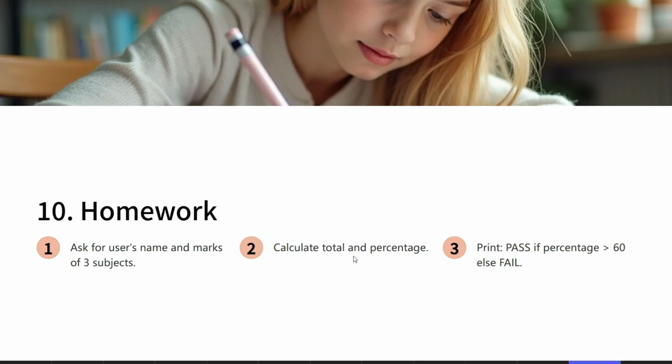Then calculate the total and percentage, and next print pass if the percentage is greater than 60, else fail. So this is homework for you. Create a program with input name, input marks of three subjects, calculate percentage, and print the result.